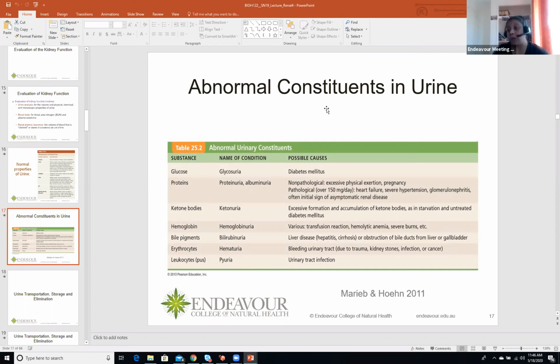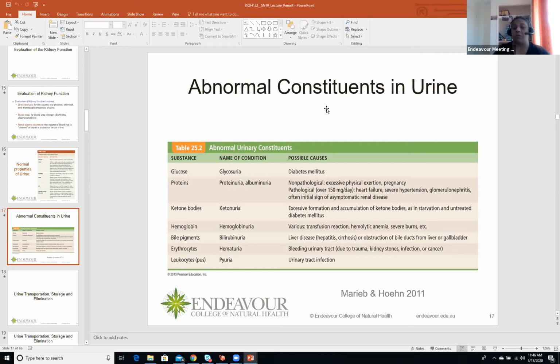Like for blood, we use the suffix emia. So anything present in the blood is called emia, like glucosemia, proteinemia, bilirubinemia. So when we talk about urine, it is all about uria. So glucosuria is presence of glucose in the urine. Proteinuria is presence of protein in the urine. Hematuria is presence of heme, that is blood, in urine.